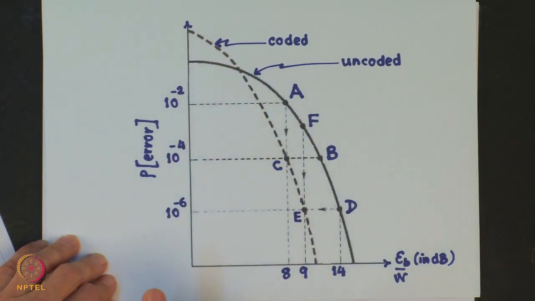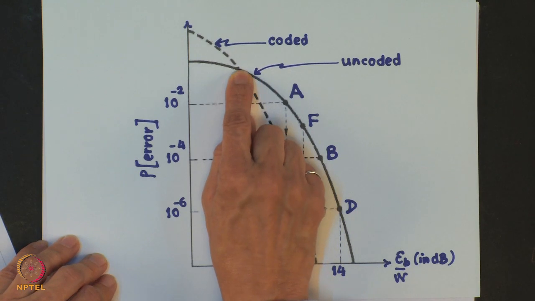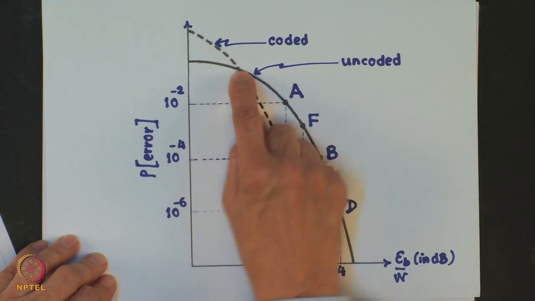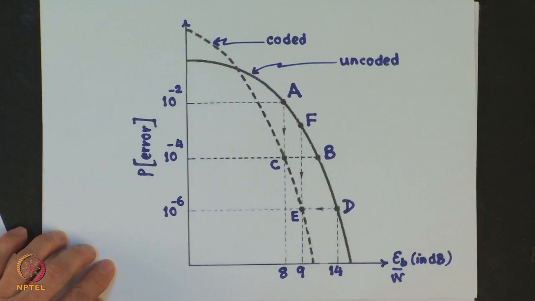In the figure this crossover is there. The reason for existence of such a threshold is that every code has some fixed error correcting capability. So, if there are more errors than the code is capable of correcting, the system will perform poorly.